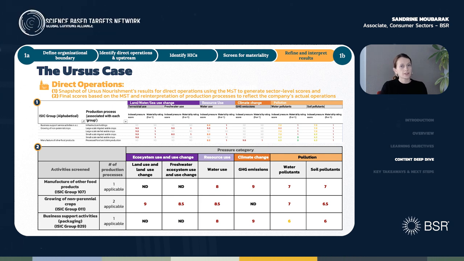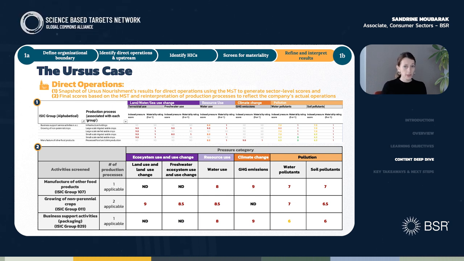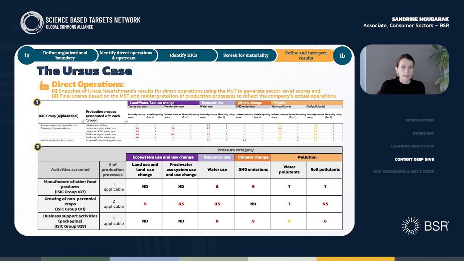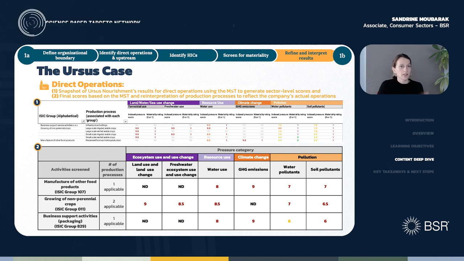Now, once they selected these and input them into the tool, it automatically provided them with scores ranging from 3 to 9. To help with interpretation of the tool scores, they identified all cells with red text, which were over the global threshold for materiality in that pressure category, meaning that that sector's activities have a highly material contribution to that pressure category.